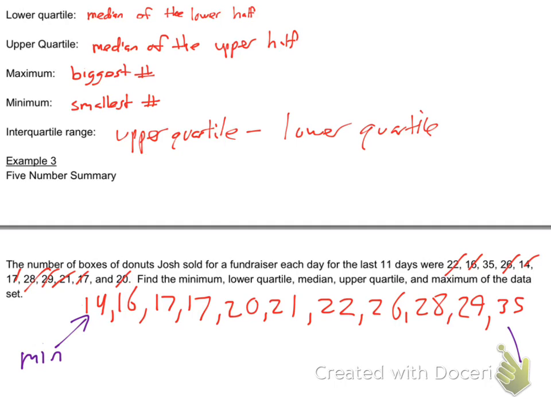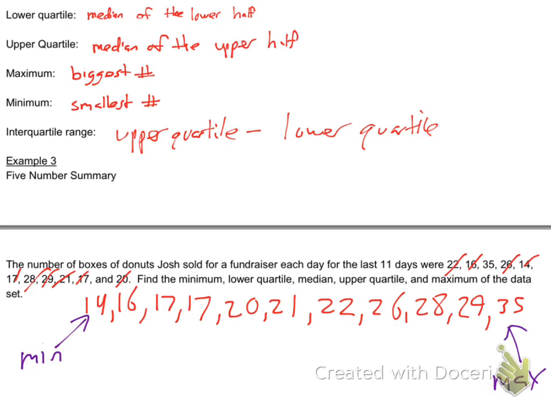I can go over here and say this one is the... I don't have to sit there and say the maximum is 35 if I can put little arrows and point it out. Now, we need to find the lower, median, and upper quartile. But to find the lower and upper quartiles, you need to first find the median, or the middle.